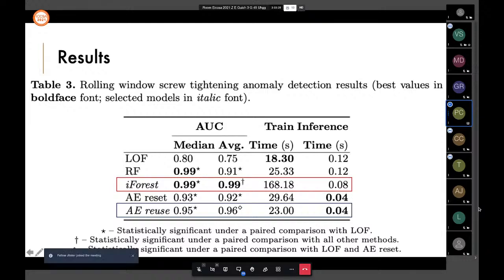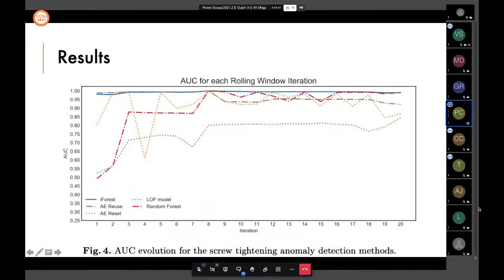It provided one of the best results in terms of accuracy, but also it's the fastest method in terms of computational effort. So we signal these as the two interesting models for the company, iForest and the autoencoder reuse.